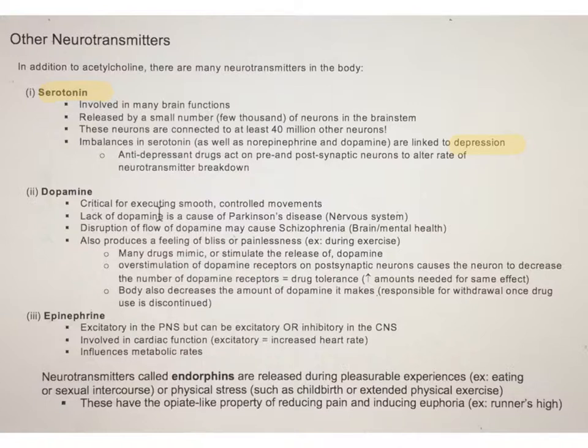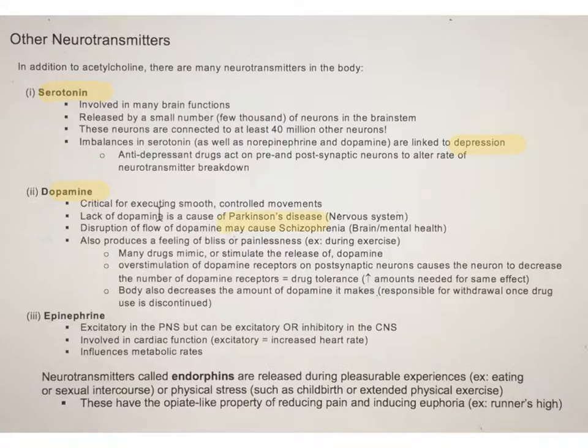The next one that we're going to look at is dopamine. And dopamine is critical for executing smooth, controlled movements. So those would be any movement that you would do during exercise or things like that. Lack of dopamine is a cause of Parkinson's disease. So oftentimes we can do things very slowly and controlled, whereas people who have Parkinson's are not able to do that.